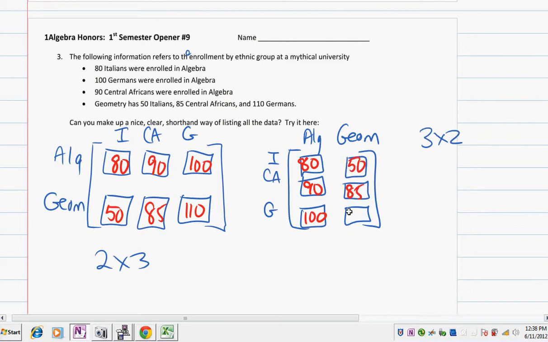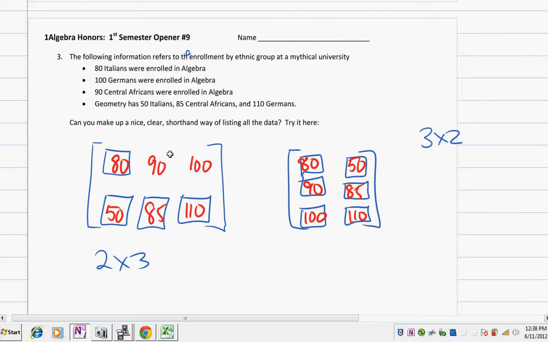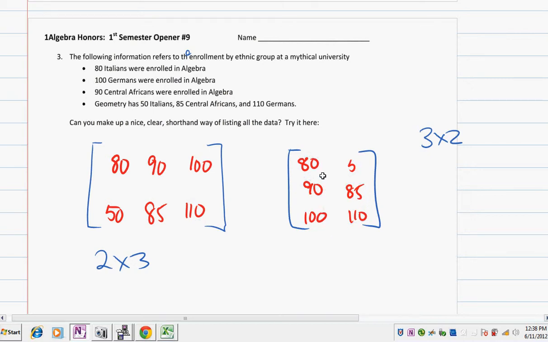So you can make a clear shorthand way to organize this, and we don't even list the rows and columns here anymore. And in fact, the boxes don't even exist. We just list it like that.